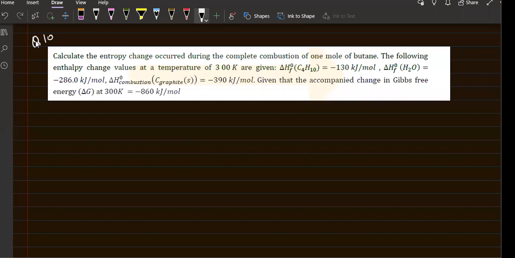Okay, very good. So what is the formula of butane? C4H10 gas, yes, plus O2. How many O2 will we need? Since we have 4 carbon, we'll get 4 CO2, plus H2O.